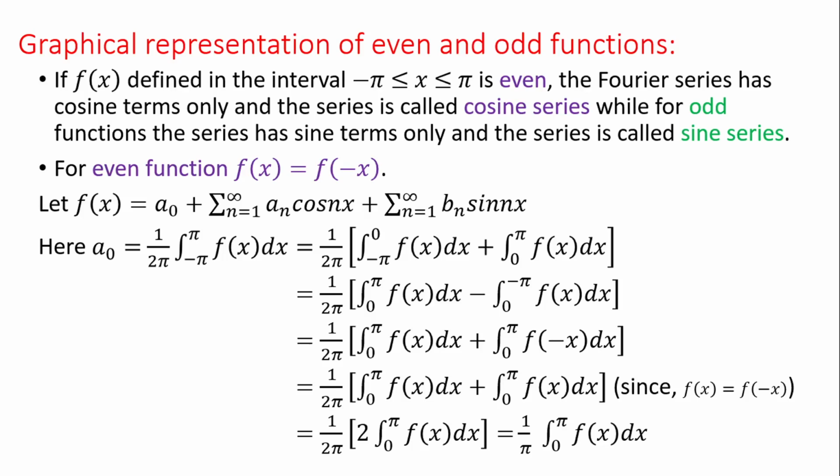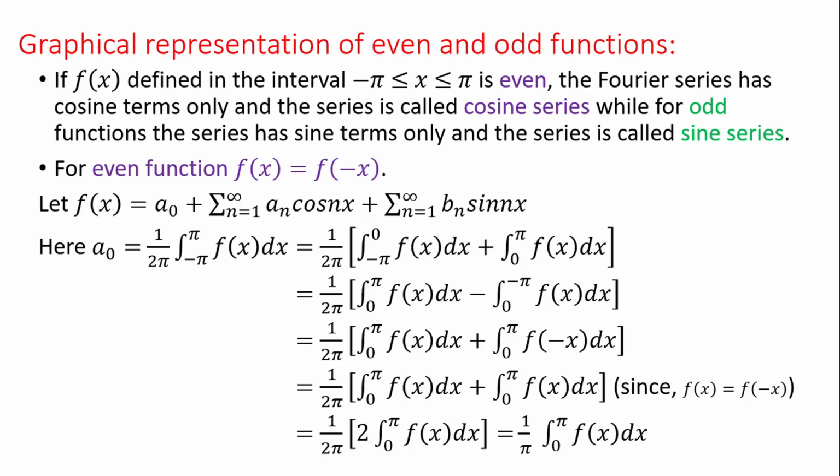After that, the limits minus pi to 0 are converted to 0 to minus pi and the integral becomes negative. In the next step, x is replaced by minus x for the second integral only, and nx is replaced by minus nx, so that our upper limit becomes plus pi and the integral becomes positive.